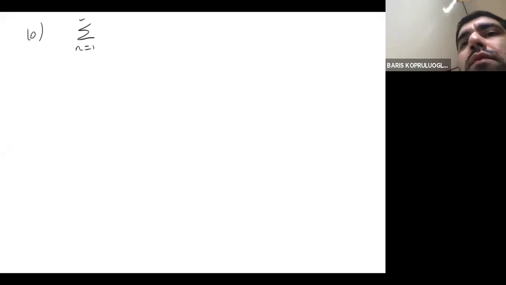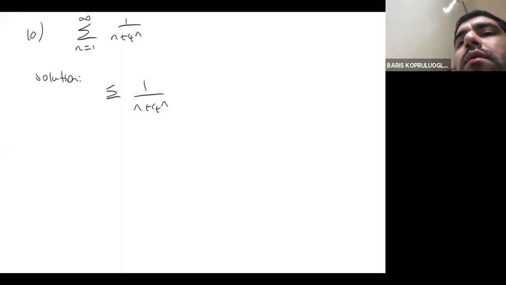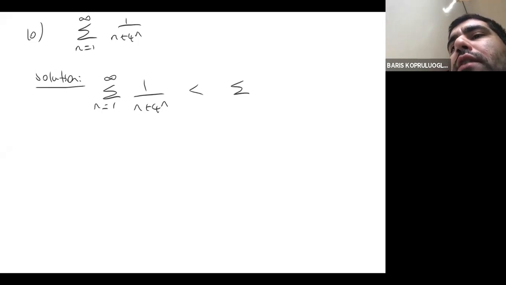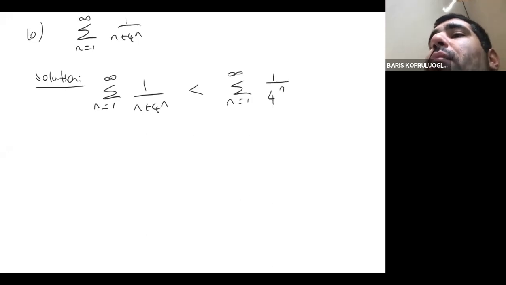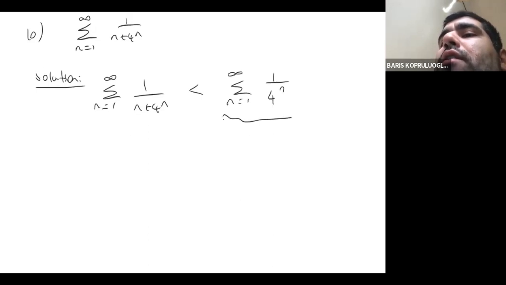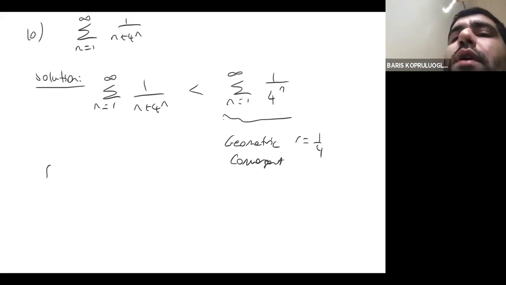One over n plus 4 to the n, if you compare this to 1 over 4 to the n, you see that it's always less because it has a larger denominator. 1 over n plus 4 to the n is smaller, and the comparison series is convergent by geometric series because r is 1/4, right? And by the comparison theorem, the series is convergent.